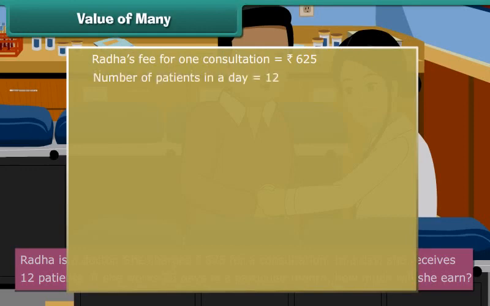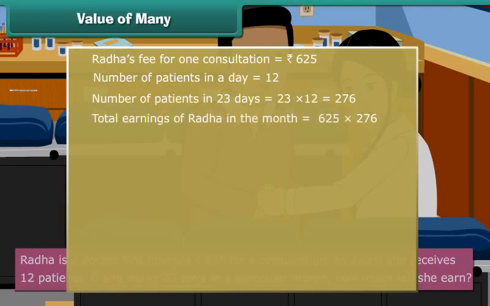Number of patients in a day is 12. Number of patients in 23 days are 23 into 12, that is 276. Total earnings of Radha in the month is 625 into 276.